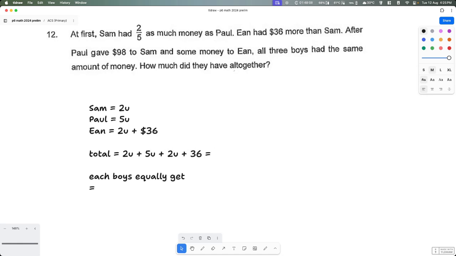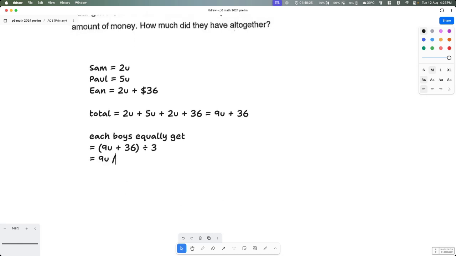This will give us 9 units plus 36. Then we divide by 3, since there are 3 boys. So that means 9 units divided by 3, plus 36 divided by 3.